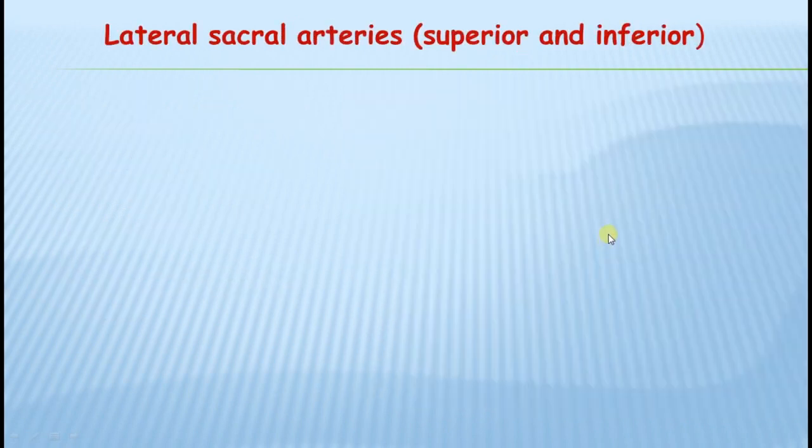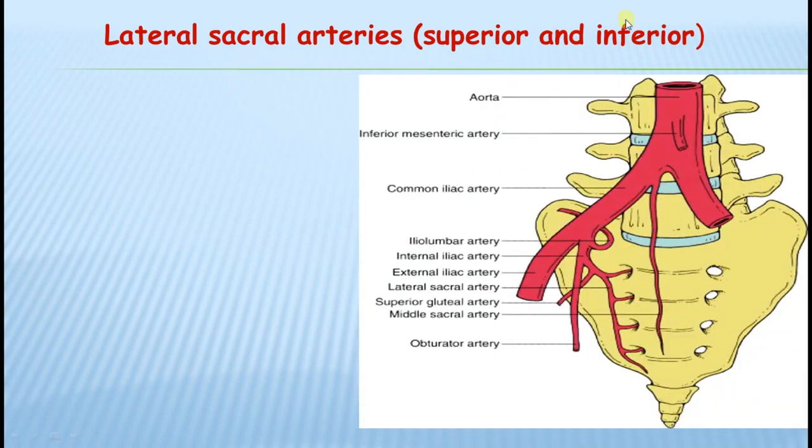The next is the lateral sacral arteries. They consist of upper and lower, or you can also call them superior and inferior. You are able to see these lateral sacral arteries. They pass backwards and enter, not the greater sciatic foramen, but the pelvic sacral foramina.